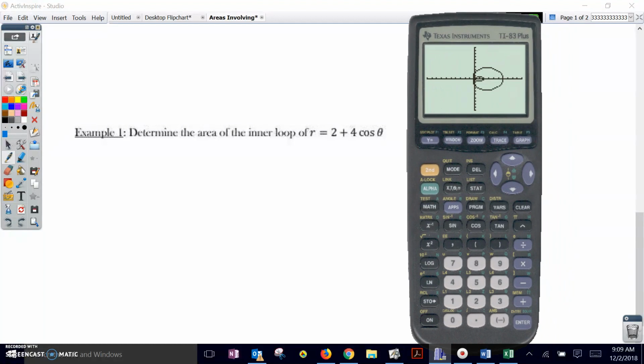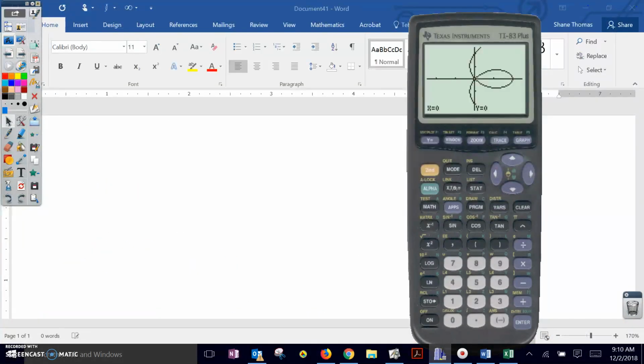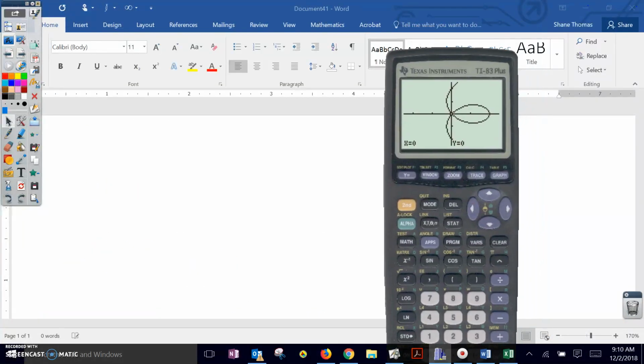Alright, now let's zoom in a little bit, because I don't need that big outer loop. I'm trying to determine the area of this inner loop. And so what I'm really looking at here is the area inside of this loop right here.